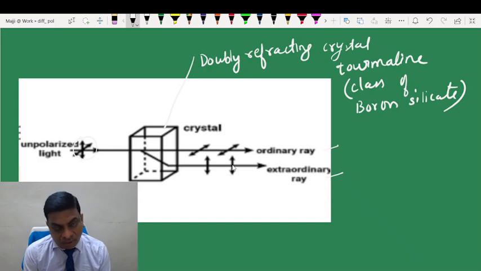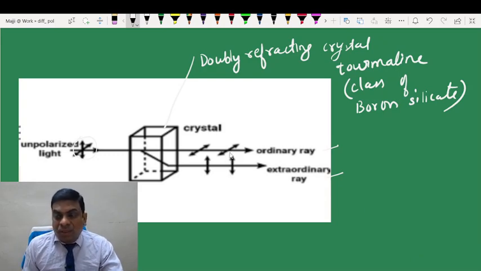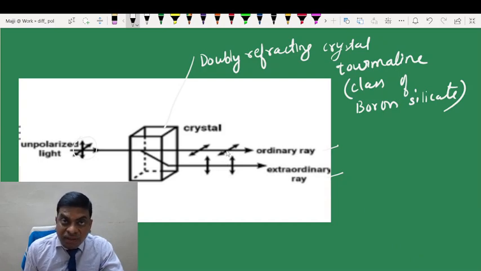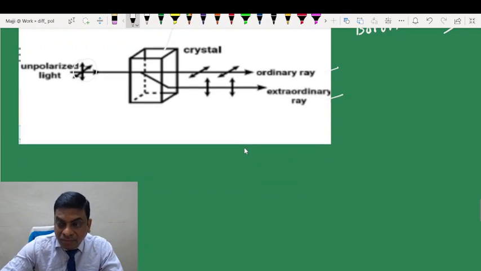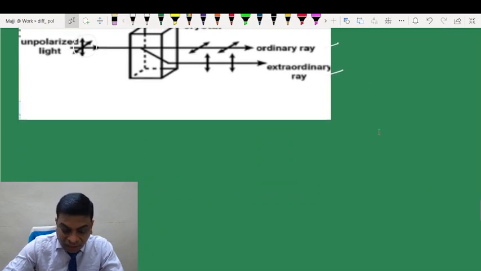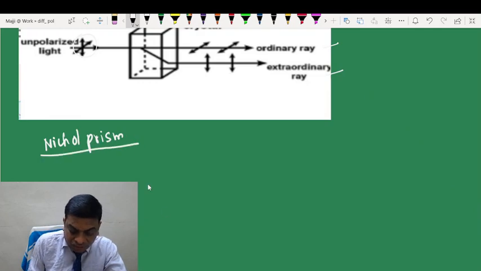Of course, there is a proper explanation given to this, but it is beyond our scope of discussion here. So that is a law of nature. Therefore, if we are able to eliminate one of the two rays, we will be left with plane polarized light, and that is made possible with the help of the Nicol prism.